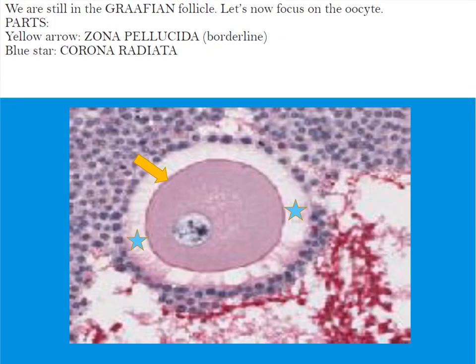So, let's zoom in with the oocyte. Okay? So, up to this stage, nandito pa rin si zona pellucida. Yung sinasabi nating parang pseudomembrane surrounding your oocyte. And meron pang another layer yan, no, na na-develop, yung ating corona radiata. Corona radiata means crown with radiation.